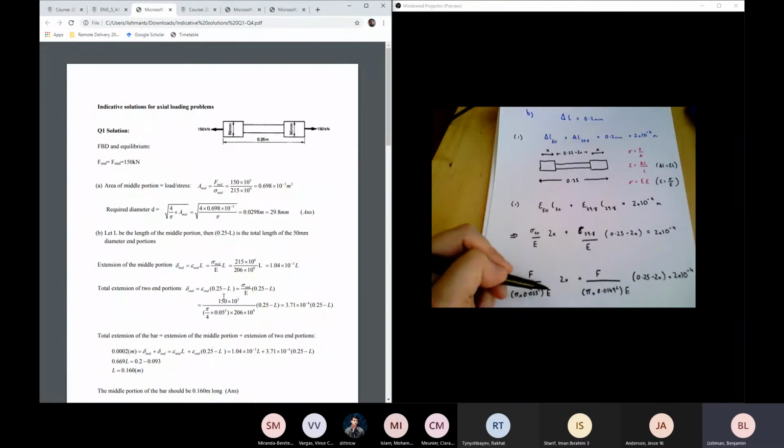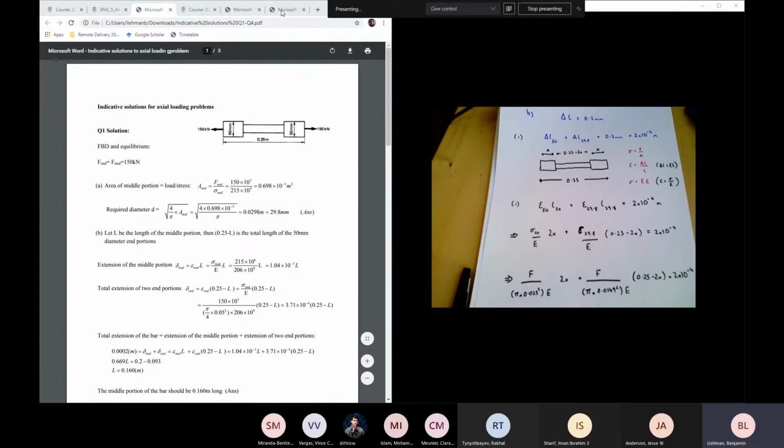I was using 215 times 10 to the 6 for Young's modulus here, but of course that is the stress from part A. Young's modulus is 206 times 10 to the 9. So let's correct some numbers and see if we get to the right place. I'll go back to the question now. I think that's all okay.